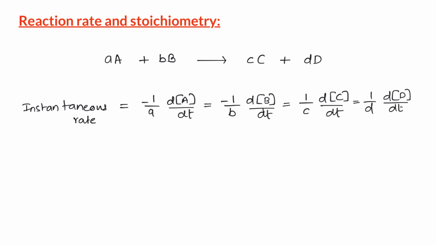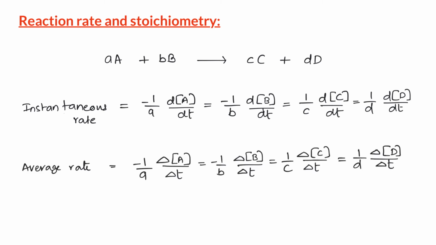The overall rate of the reaction is equal to minus 1 over a dA over dt equals minus 1 over b dB over dt equals 1 over c dC over dt equals 1 over d dD over dt. We can express the same relation for average reaction rates as well.